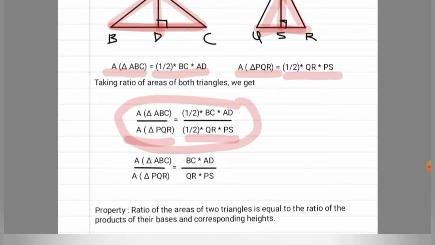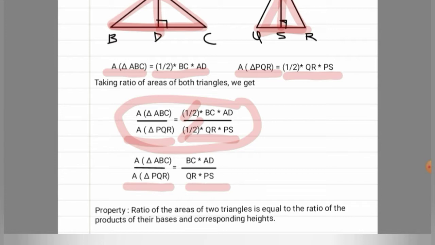Further, on cancelling 1 by 2 and 1 by 2 from both, we get the final equation as area of triangle ABC upon area of triangle PQR is equal to BC into AD upon QR into PS.